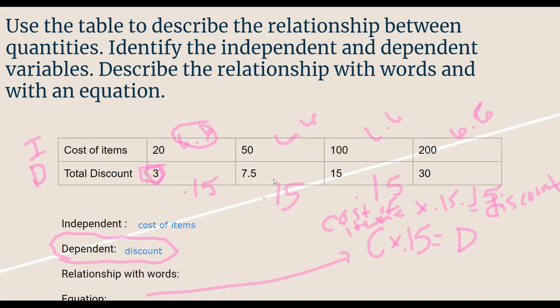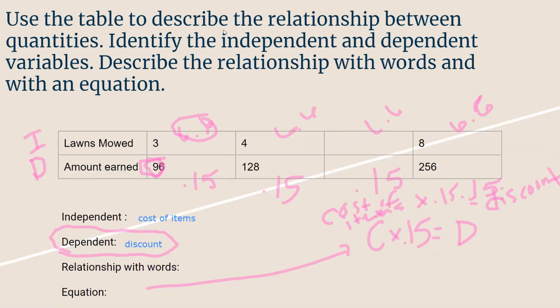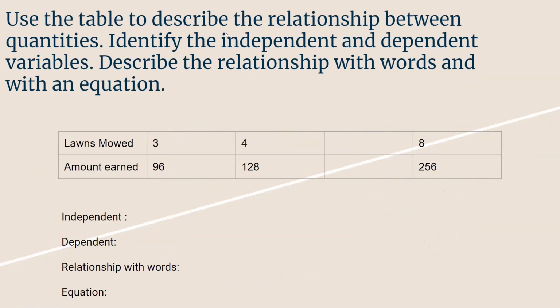So moving on to the second example, and this one is a little bit easier to understand. Again, I have independent, dependent, relationship with words, and equations. So I'm going to first find my independent and my dependent variables. I have lawns mowed, and my table gives me 3, 4, and 8, and then it gives me the amount earned.